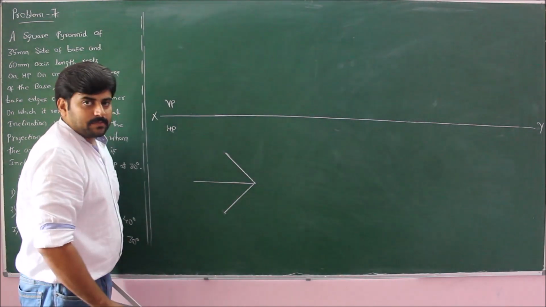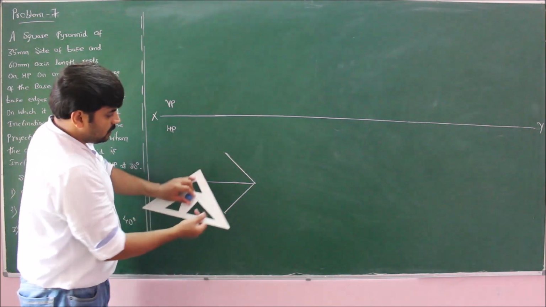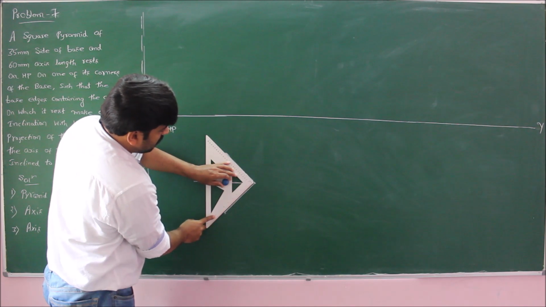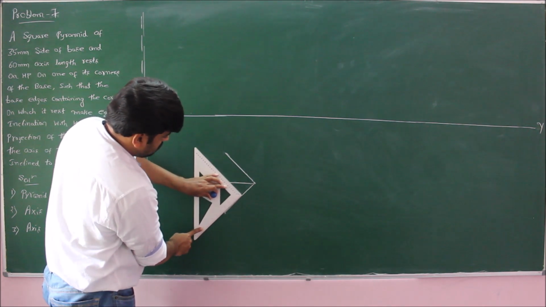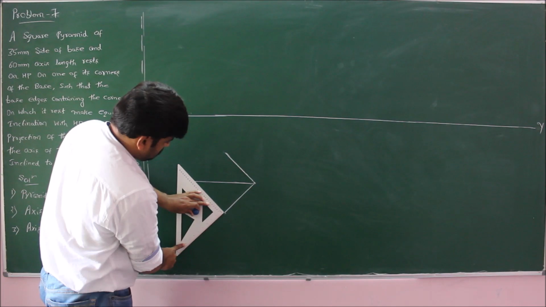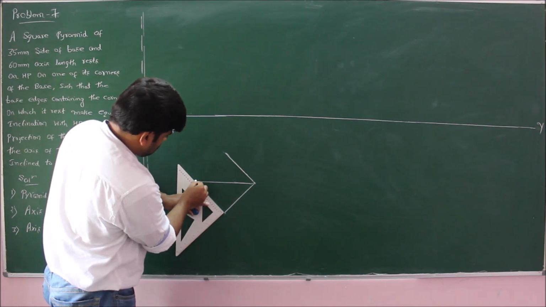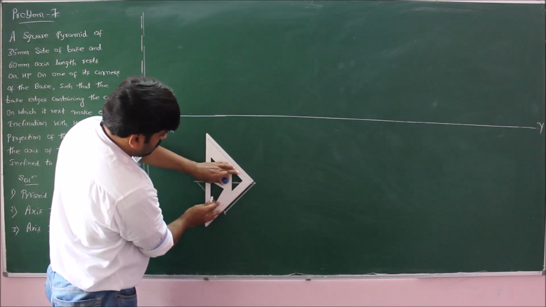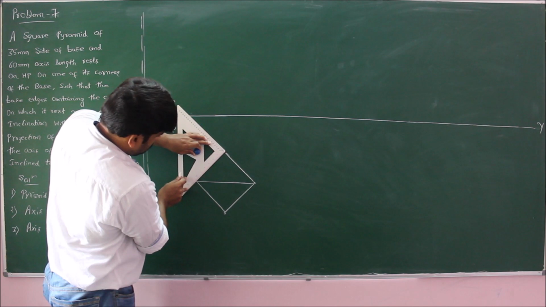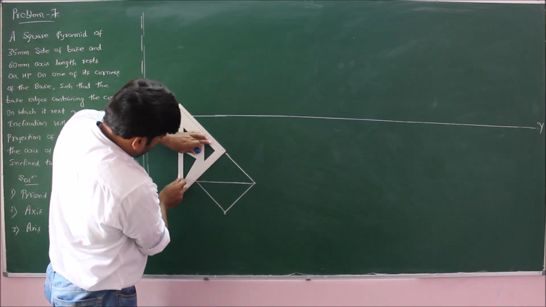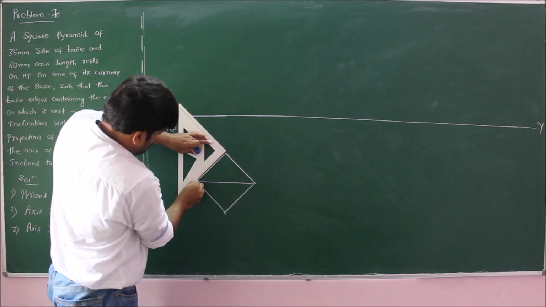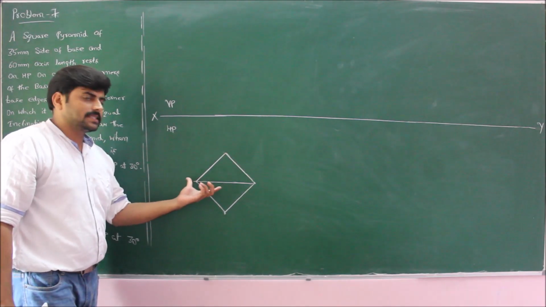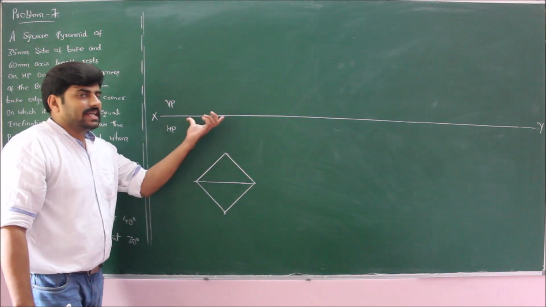Once you draw 35 mm inclined at an angle of 45 degree on either side, now draw parallel lines on the remaining corners. So this completes a square with corners on either side such that when I project I will get the diagonal.